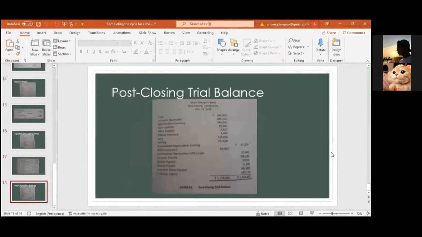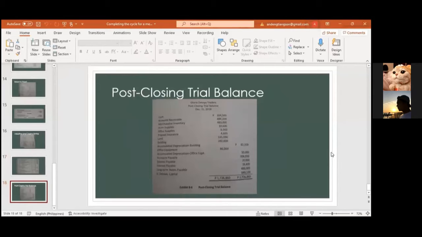Next, post-closing trial balance. The post-closing trial balance is taken to ensure the balance between remaining debit and credit accounts. The post-closing trial balance does not include the closed merchandising accounts of cost of goods sold and supplies consumed, and consists only of the real accounts of asset, liabilities, and equity.